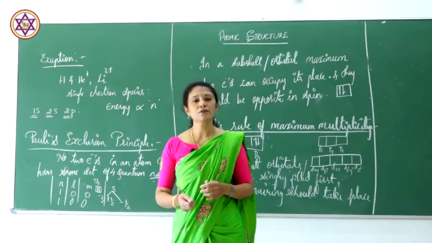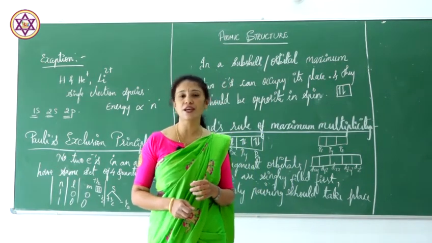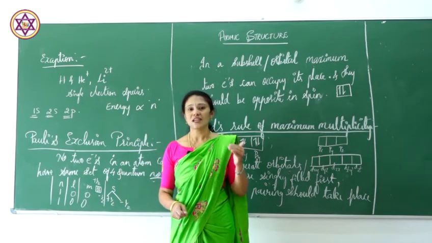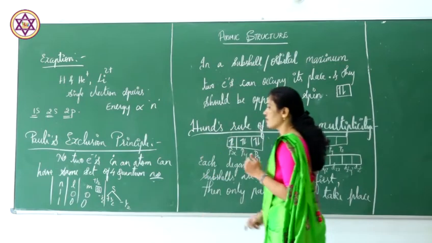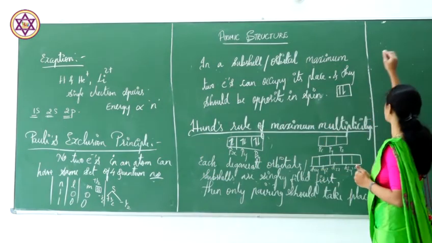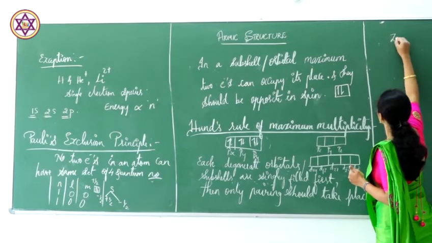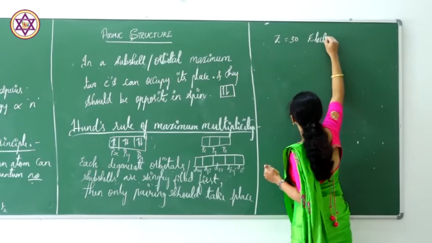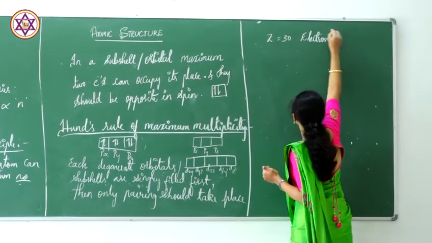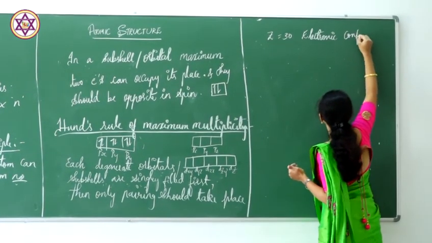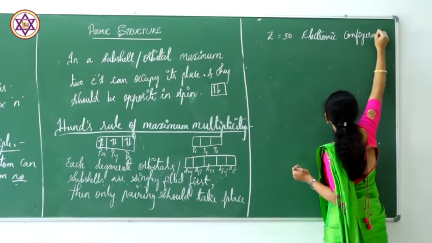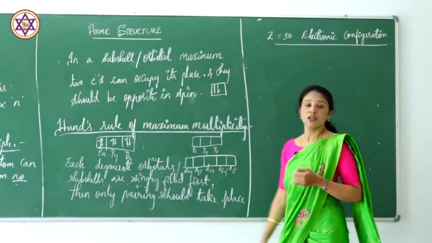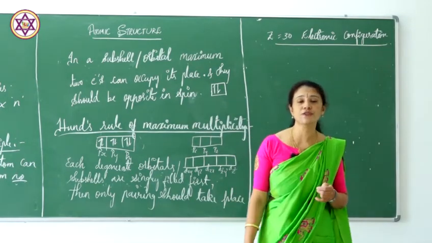Now, let us come to the electronic configuration of elements up to atomic number Z equal to 30.